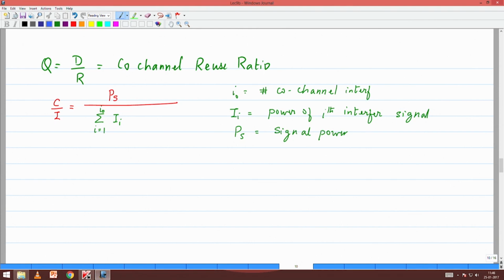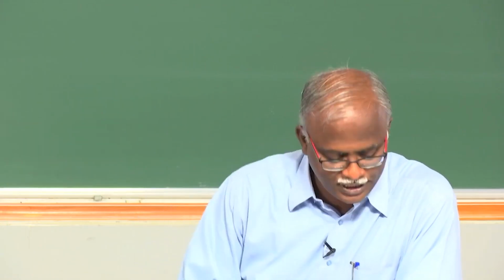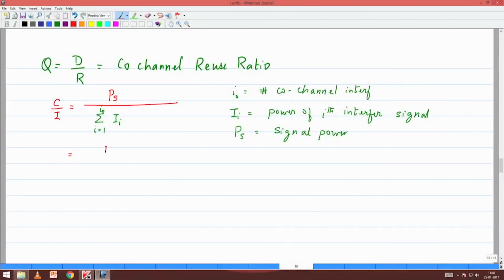So here is how this equation can be written. Now the desired signal is at a distance r from the base station. So basically this is r raised to the power minus n, where n is the path loss exponent, proportional to the path loss exponent. And the proportionality constant will be removed because the denominator also has the same proportionality constant.